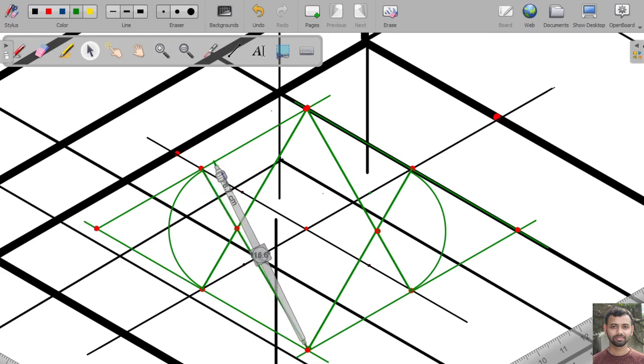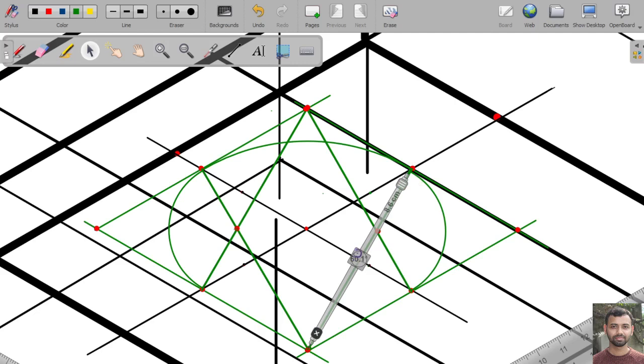And up to this distance as a radius, we will draw another arc, and this will be continued up to this point.